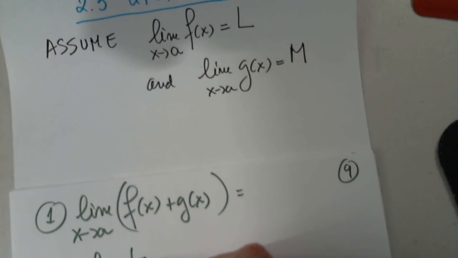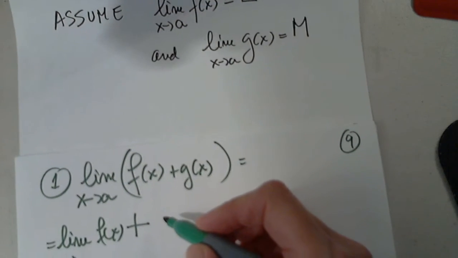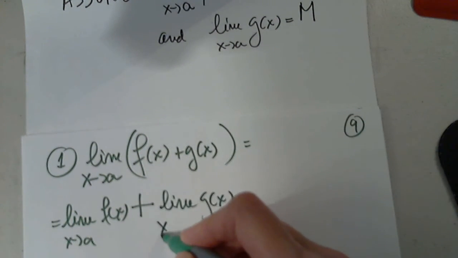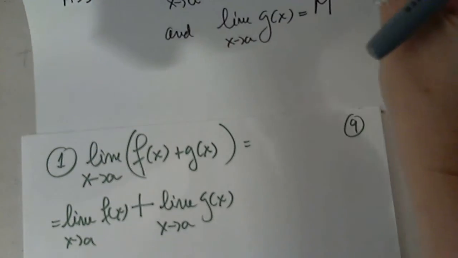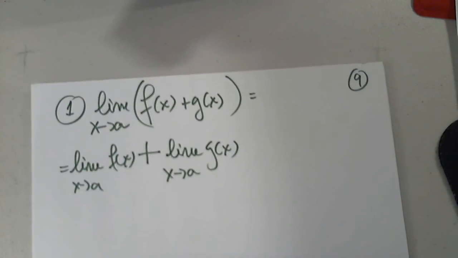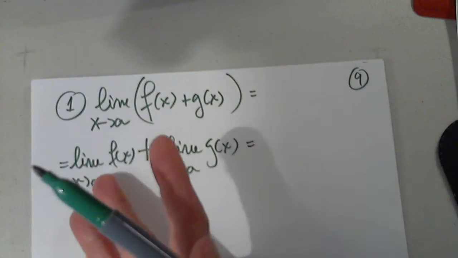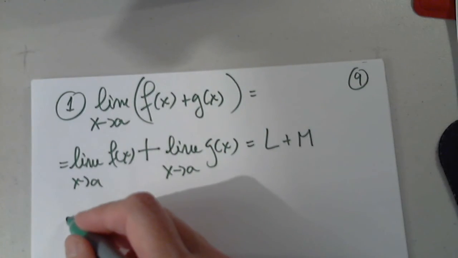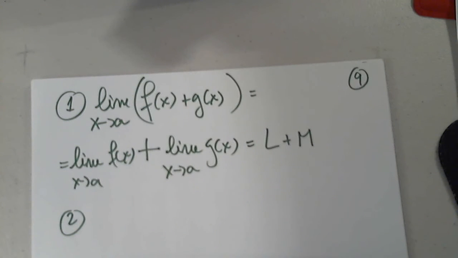And no, we're not distributing the limit operator. It looks like it, but that's not what we're doing. This is not a distributive law by any means. So indeed, if this is L and this is M, L plus M.